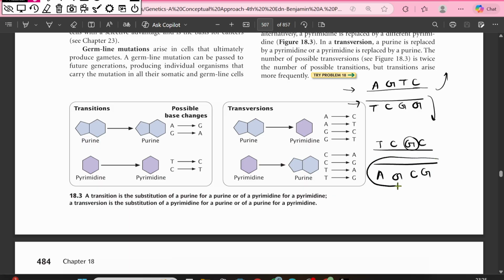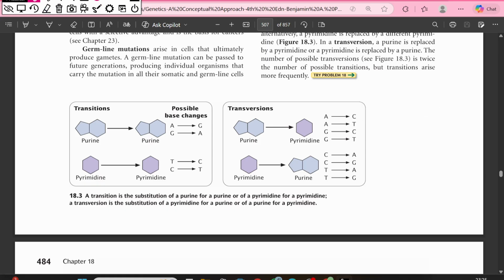Now as soon as the new strand is formed, there can be no changes because it is correct in its own way. At that time we say that the mutation is fixed permanently. After this the mutation cannot be changed. But until this fixation has occurred, it is a temporary mutation and it can be changed. So this is what I will be talking about throughout my mutation lectures. Okay, moving on further.